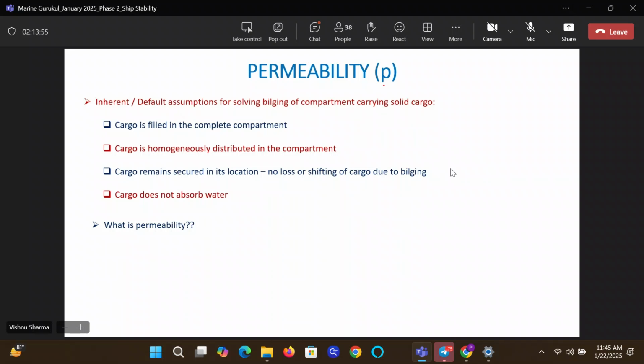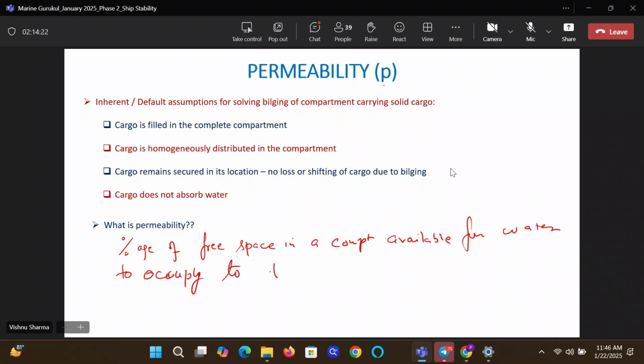Permeability is the percentage of free space in a compartment available for water to occupy to the total space of the compartment. That is the permeability represented by small p.